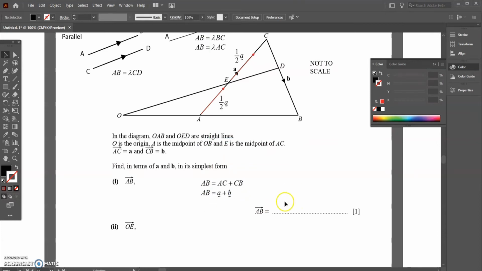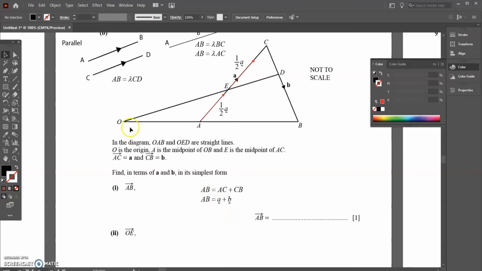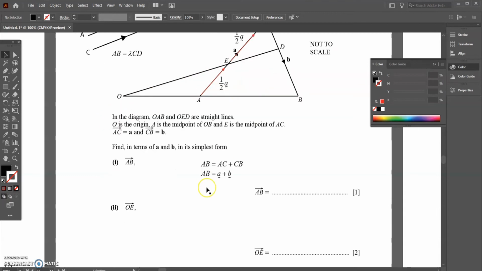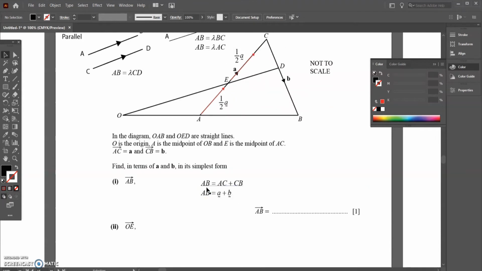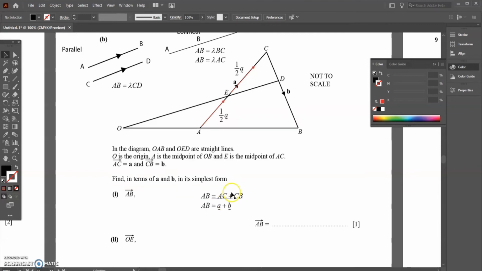Next, they want to find OE. How do we do that? There's a problem now, because I don't know what OE is. I have no idea. So what can you do for OE? What do you think? Now we use the idea of collinear to find OE or OD, or whatever you have here.